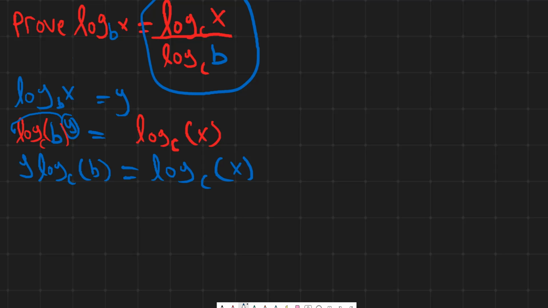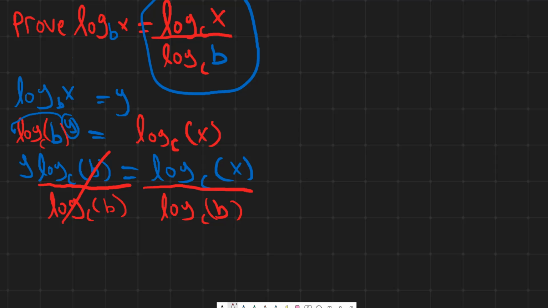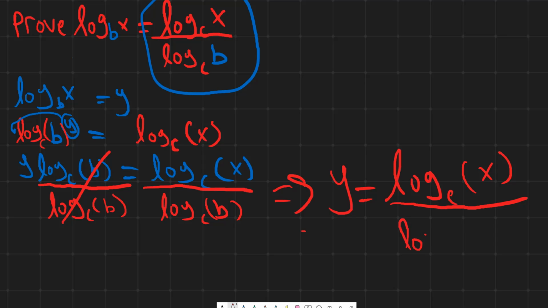If we simply divide by log base c of b on this side and log base c of b on this side, this states that y is now equal to log base c of x over log base c of b.